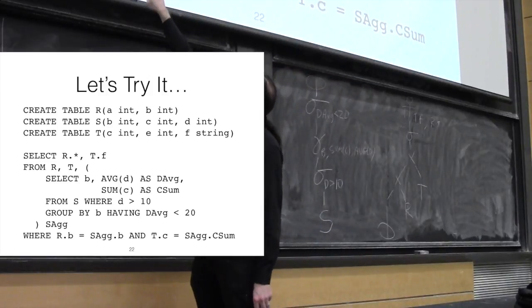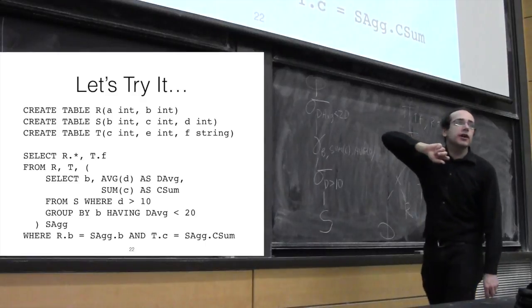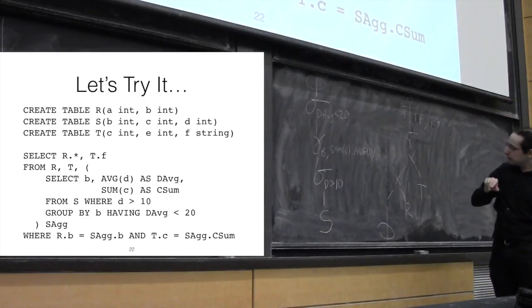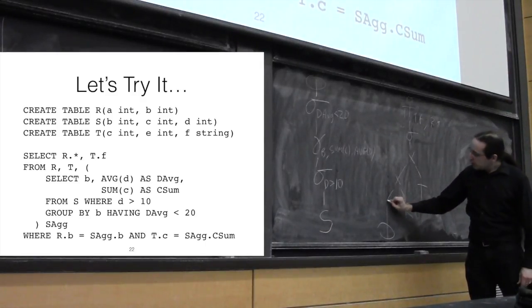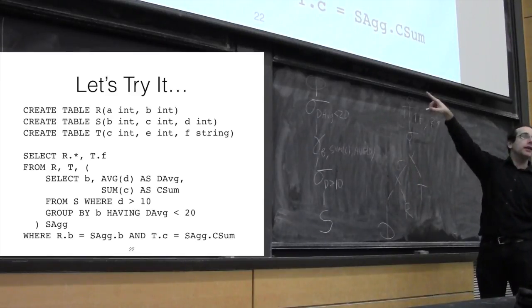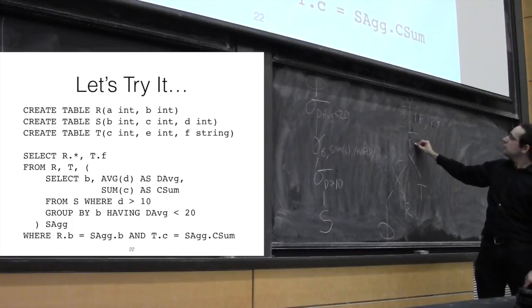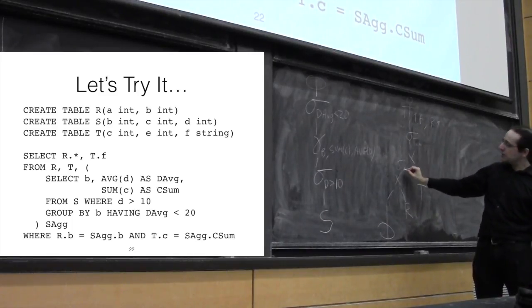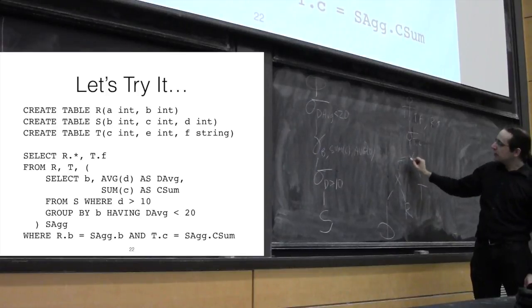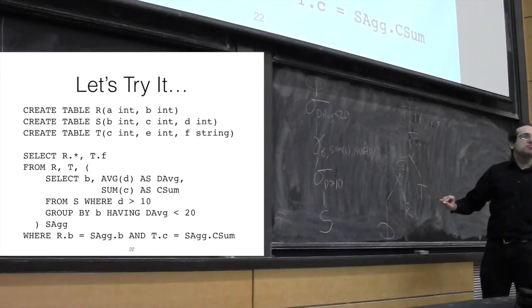Well, looks like I'm joining B with the nested subquery. So maybe I want a selection predicate up here to do that, and then I can make this just the T.C comparison and make this selection over here the R.B comparison.